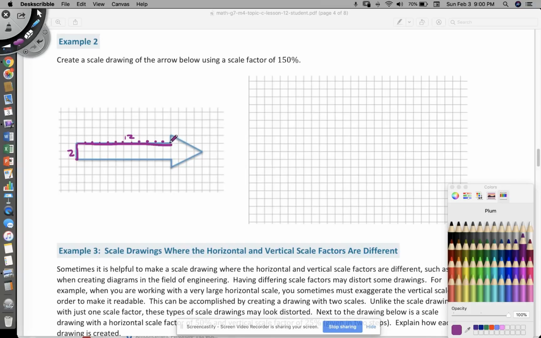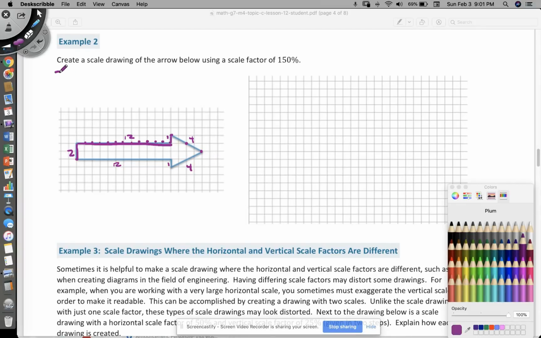This is 12. And then we're going 1 up. And then we have a diagonal slant here where we're going to go 2, 4. So this is 4. All right, so that means that's 12, this is 1, and that's 4 as well.